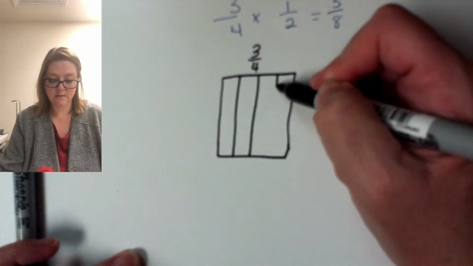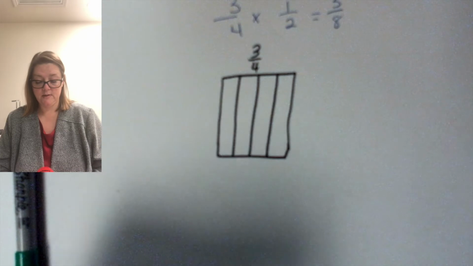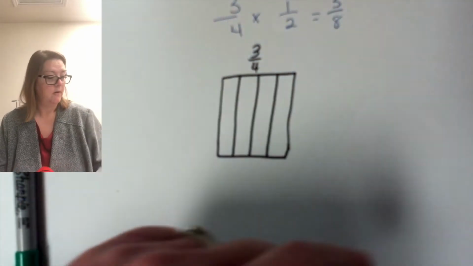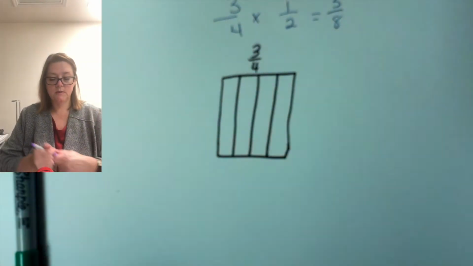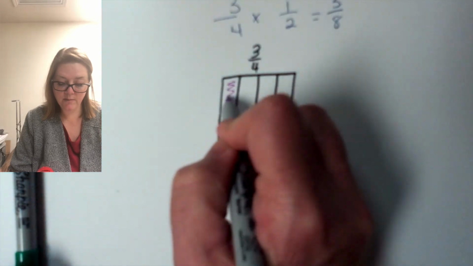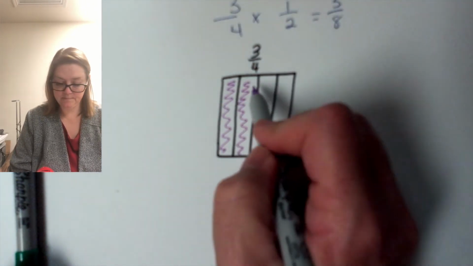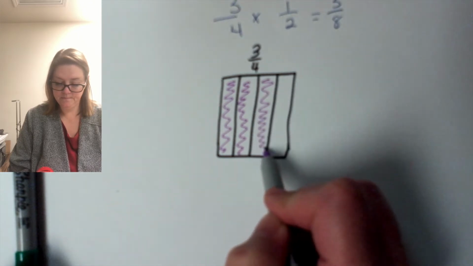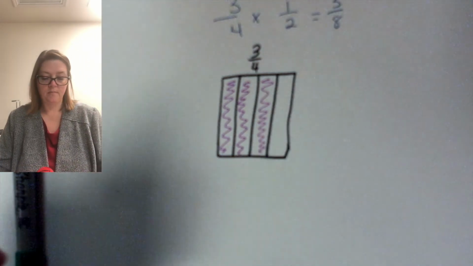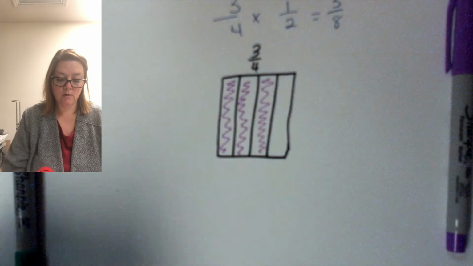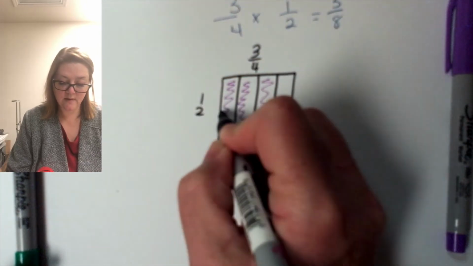I tell my kids to remember that fractions are divided evenly, so these will be even groups of fourths. I'm going to color code my 3/4 this way, as you can see. Now I'm going to do my half this way.